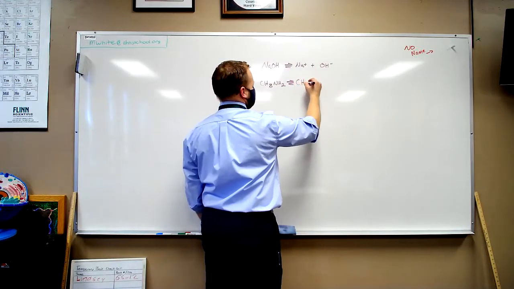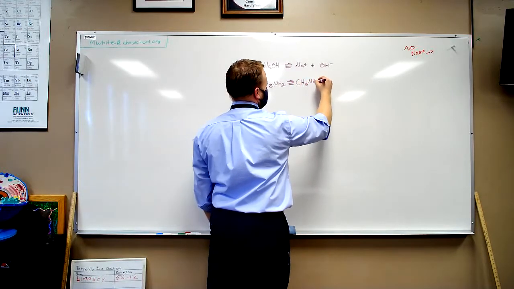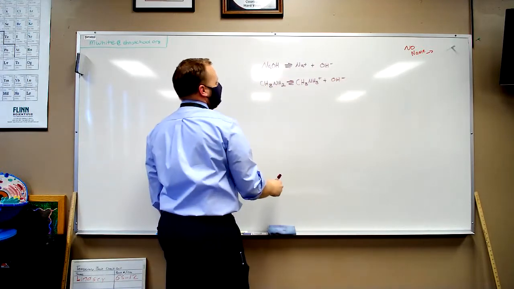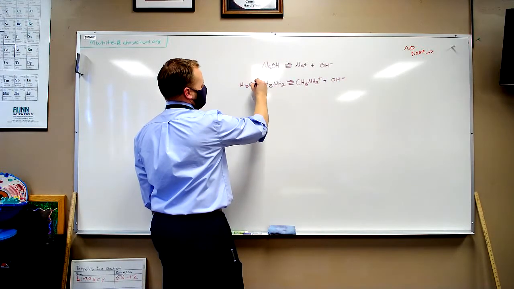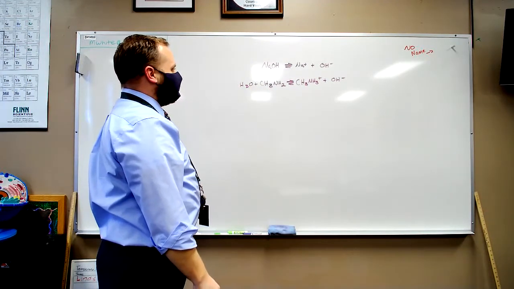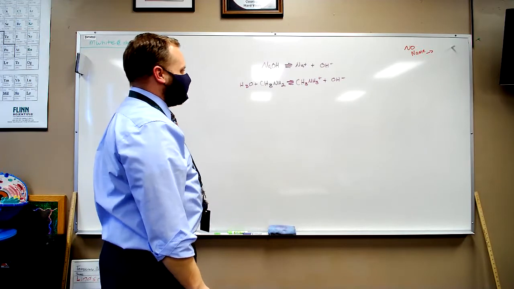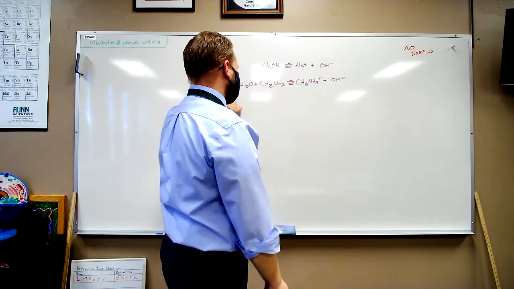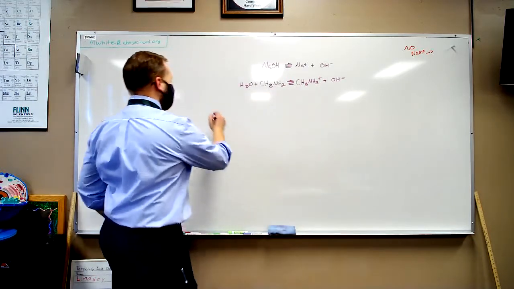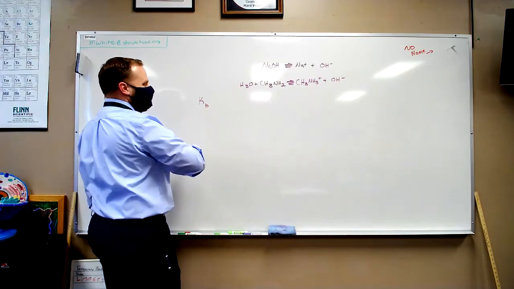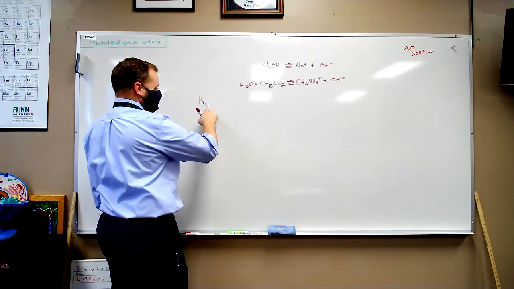Because here we have, and we'll throw in water there to make a balance. Now, in this situation, okay, we can write a Kb. Notice we call it a Kb instead of Ka because we're dealing with a base now.